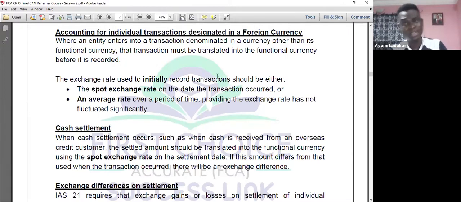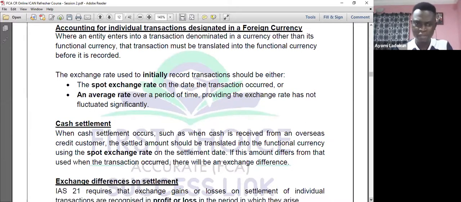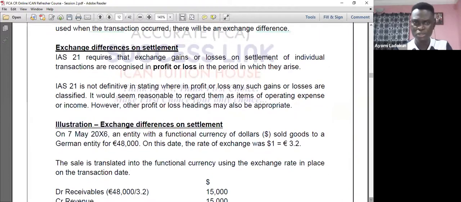That's the whole idea, because of fluctuations. Look at the inflation rate, for example, in Nigeria, rising almost every day, eroding the value of money, profit figures, and all of that. Those are the concerns around that. So I've explained exchange difference: take it straight away to profit or loss.